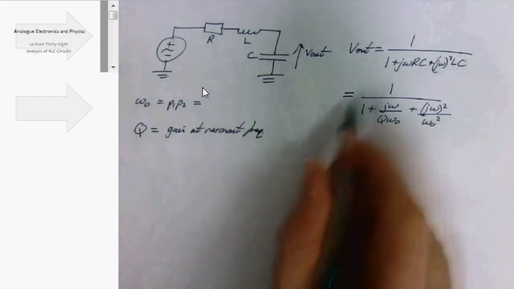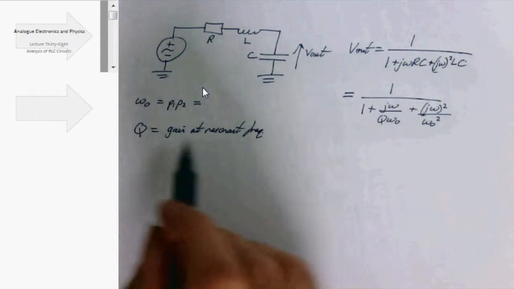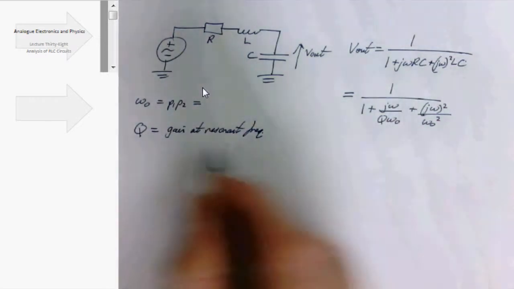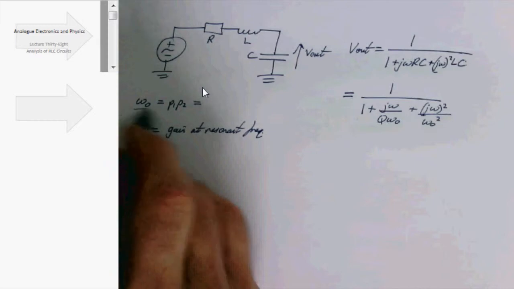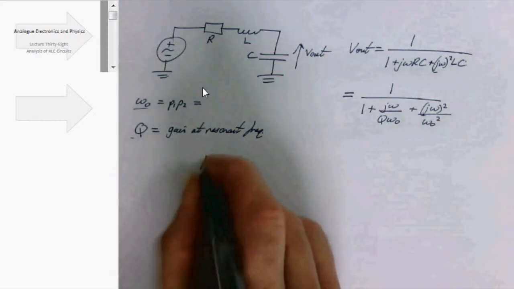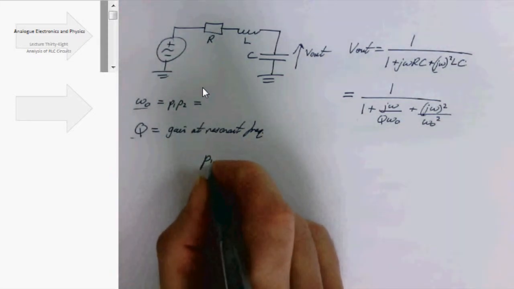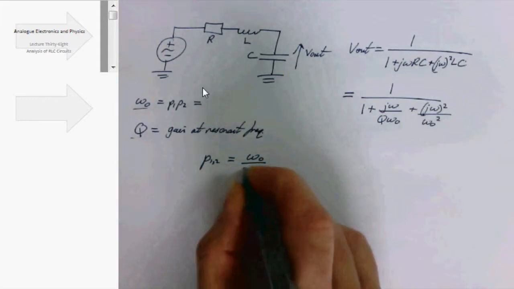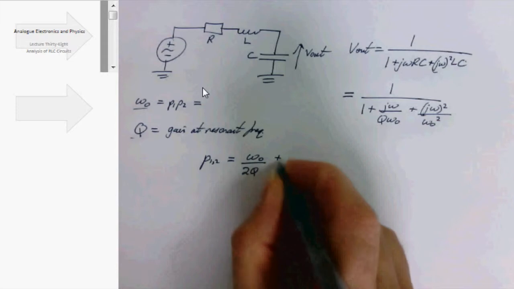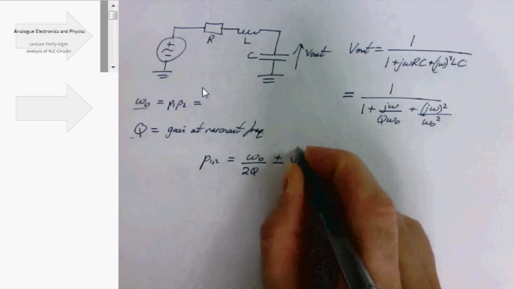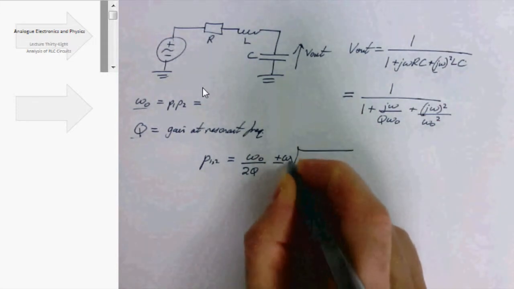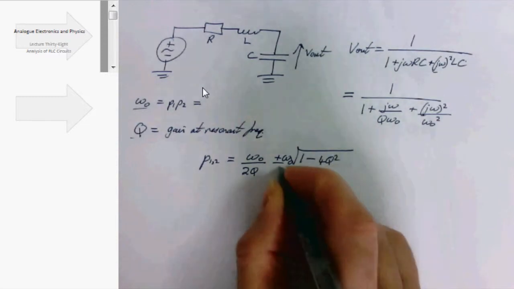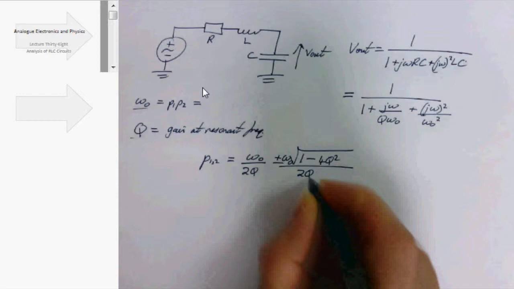If you go through the algebra to work out the pole frequencies in terms of the resonant frequency and the Q factor, you end up with the two poles, P1 and P2, are omega naught divided by 2q plus or minus omega naught times the square root of 1 minus 4q squared over 2q.